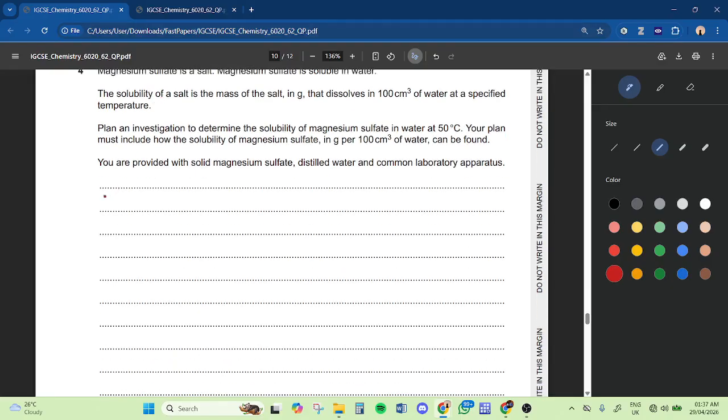So we're going to start simple. We're going to say measure 100 cm³ of water using a measuring cylinder. Whenever you're doing these types of questions, there's a thing that we call flag posting, where if something feels obvious, you should still write it. Even if it seems obvious to us, you still have to mention it, because you're writing down an investigation.